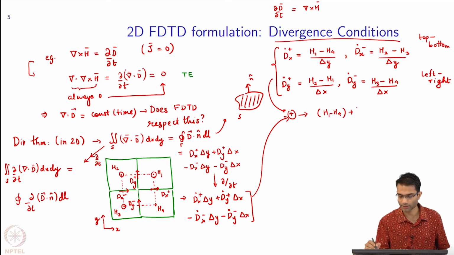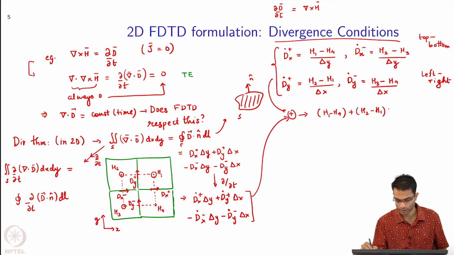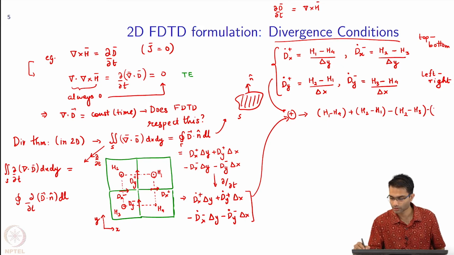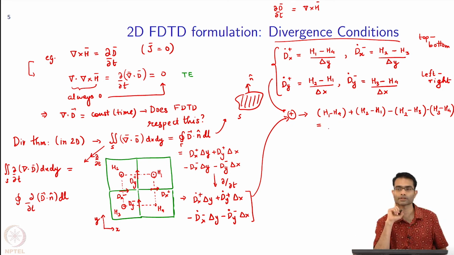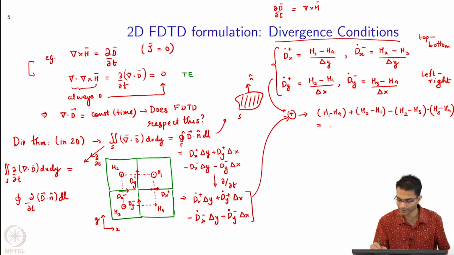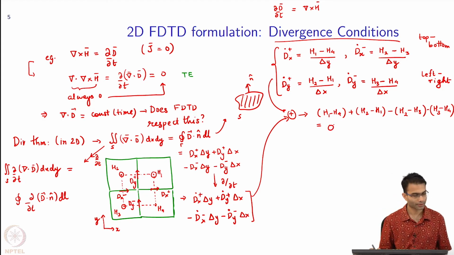Next term, the delta y got cancelled, dy plus delta x, h2 minus h1. Next term, dx minus h2 minus h3, and finally the last term is dy minus dot h3 minus h4, right. What is that equal to? What is it equal to? 0. Everything is very neatly cancelled off, right.